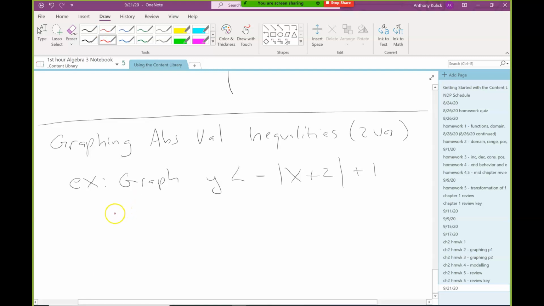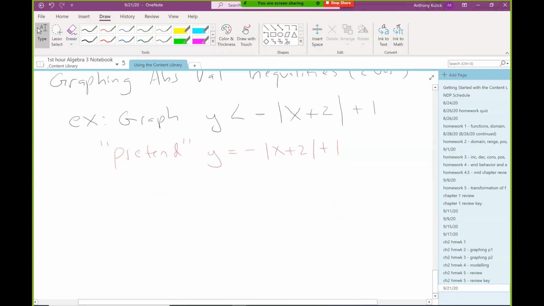Okay, so at the start, we're just going to pretend that we just have the function. We're just going to pretend that there's an equal sign there instead of a less than symbol, and start this problem as if it were just like the previous ones.